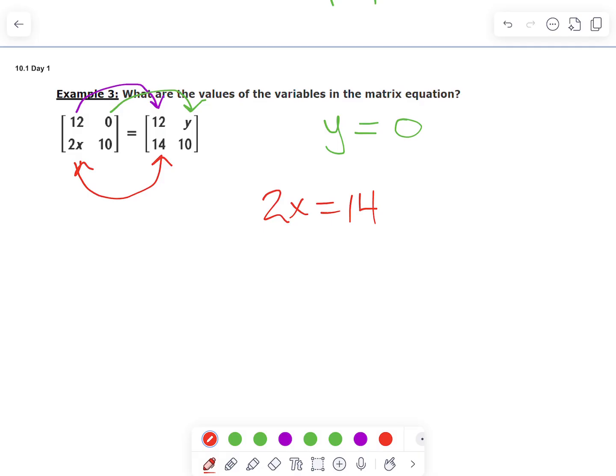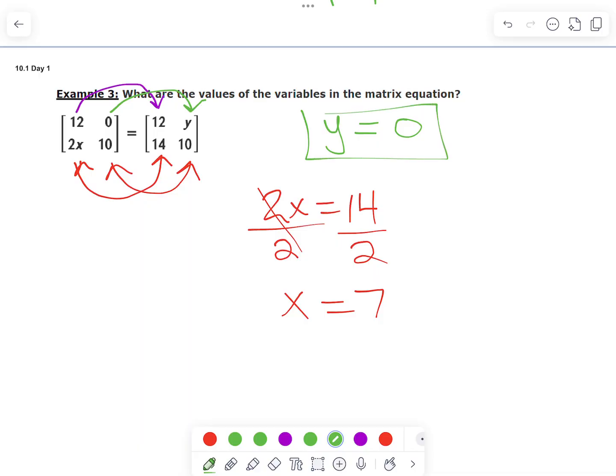We'd solve by undoing. So we divide both sides by 2, and we get x equals 7. And that last point there, again, these elements are both matching. They're both just 10. So it asks us what are the values for the variables. y equals 0 and x equals 7.